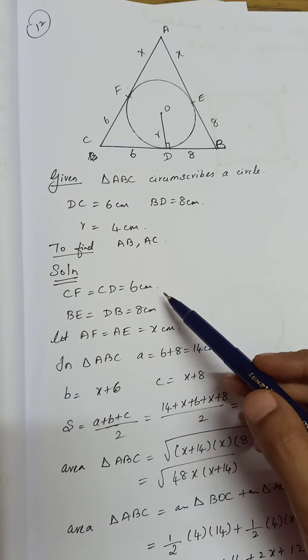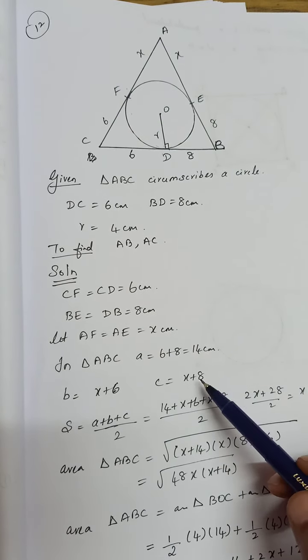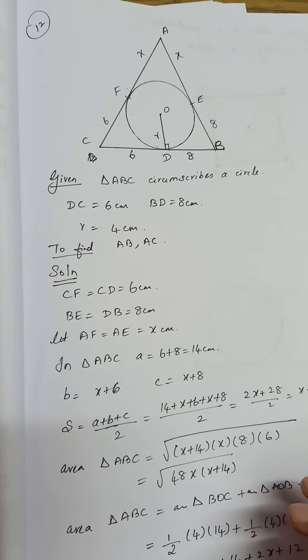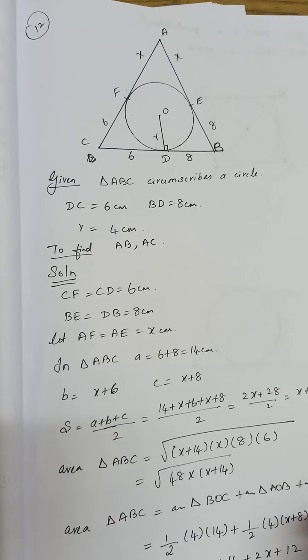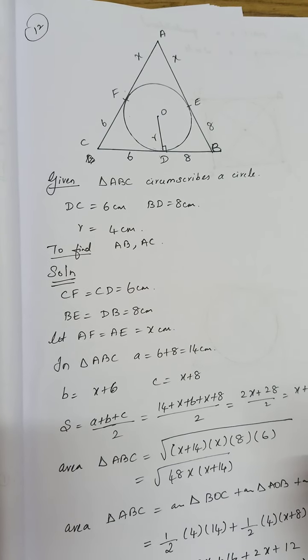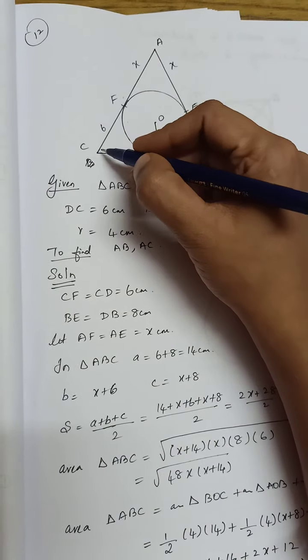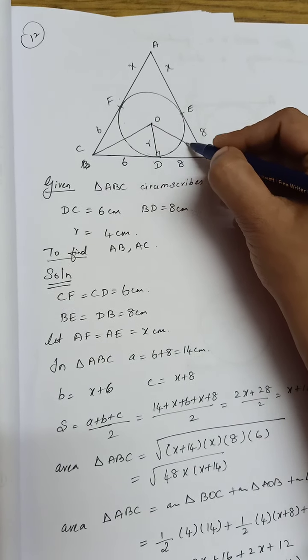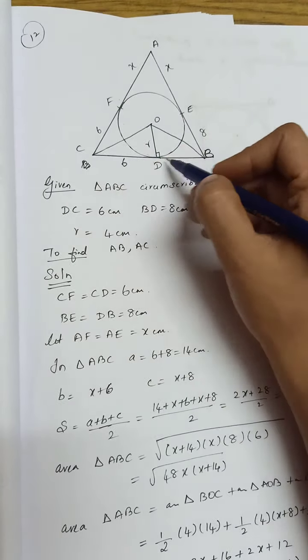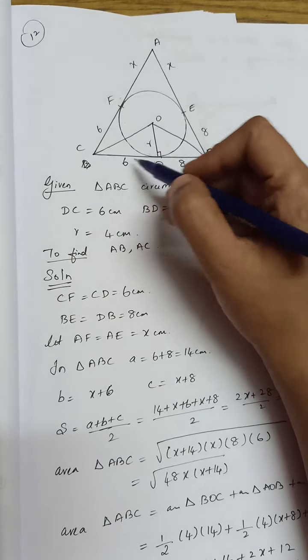So I have written here all that I told. Then we are going to use Heron's formula that you studied in 9th standard. To use it, we will join this point. Here I have the triangle OBC.